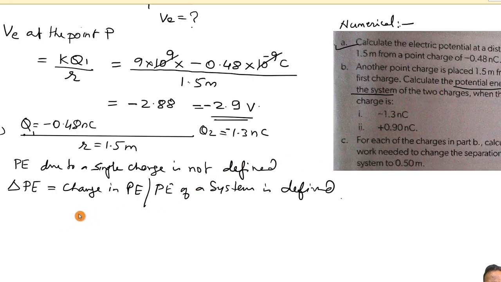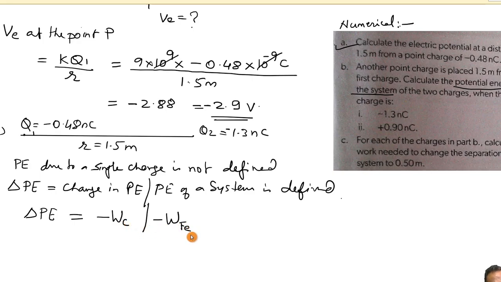So now this is something that you have to calculate over here. Now in my earlier classes I must have told you about this thing: the change in potential energy is always equal to the negative work done due to any conservative force, that is minus WC. C stands for conservative force, right? In this case, we are dealing with electrostatics, so this conservative force will be your electrostatic force.